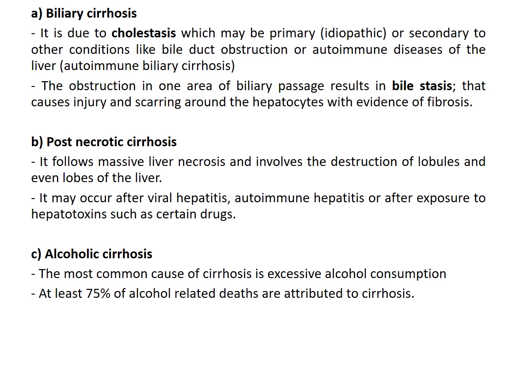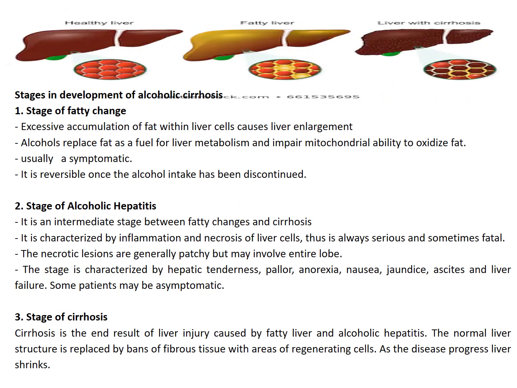Alcoholic cirrhosis is the most common cause of cirrhosis, and about 75% of alcohol-related deaths are attributed to cirrhosis. For that reason, stages in development of alcoholic cirrhosis will be discussed. The first stage is the stage of fatty change. Here there will be excessive accumulation of fat within liver cells, causing liver enlargement.